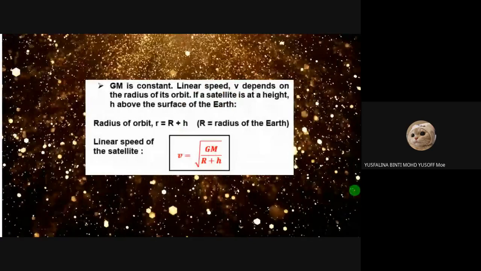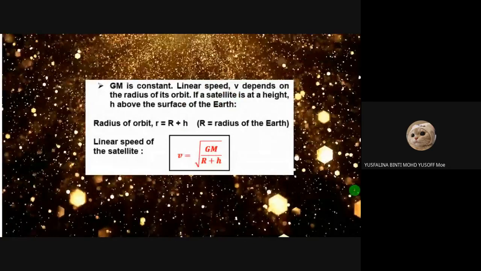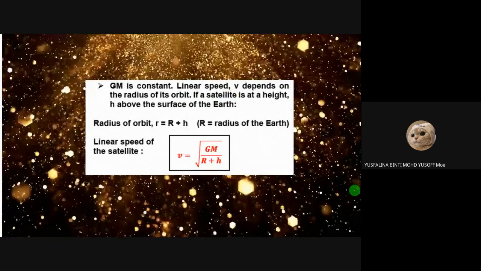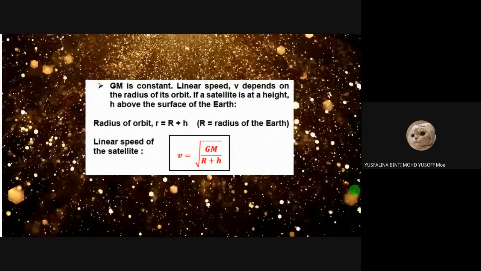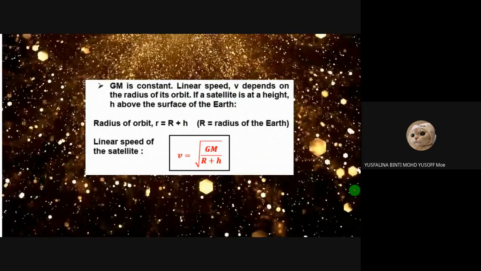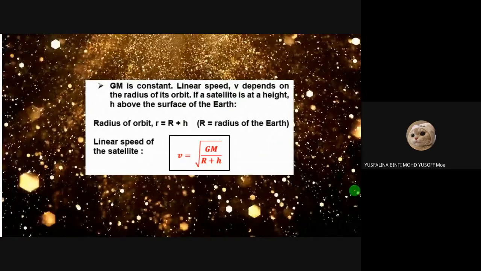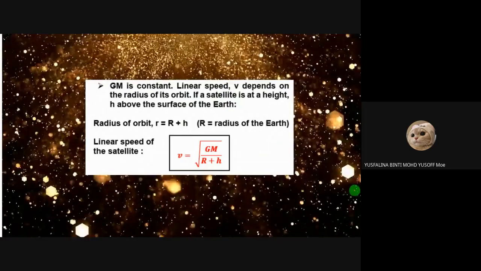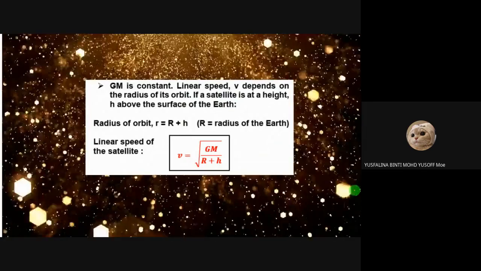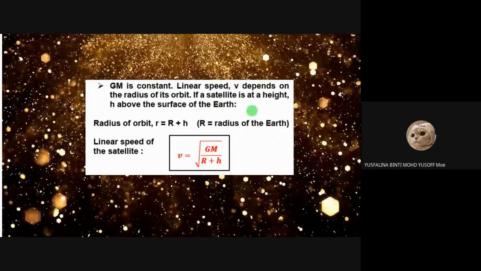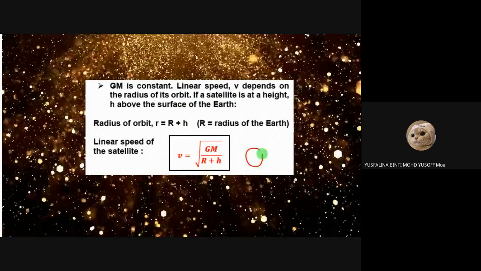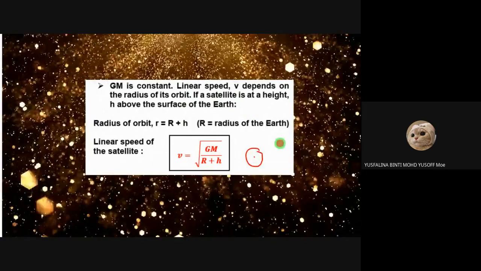So GM is a constant. G we already know is the gravitational constant, that is 6.67 times 10 to the power of negative 11. M is the mass of the Earth, and r is actually the radius. Let's say this is the Earth, and this is the satellite.